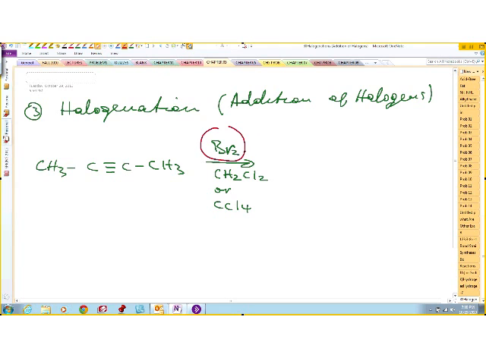So bromine will react with the carbon-carbon triple bond just as it does with the carbon-carbon double bond, to add 2 bromine atoms across the carbon-carbon triple bond. And this will be trans addition. So you get a trans product.